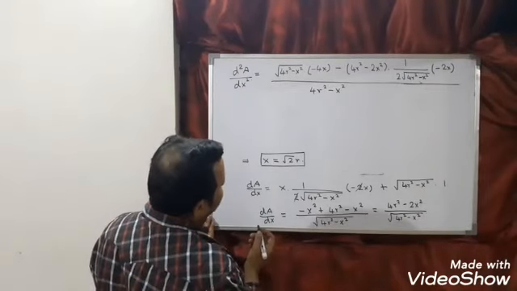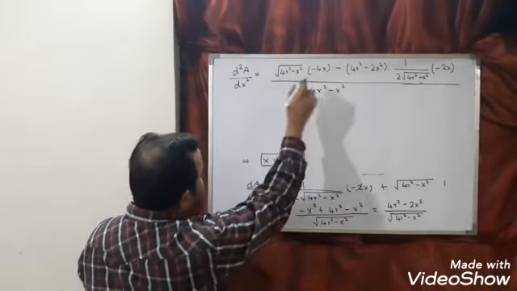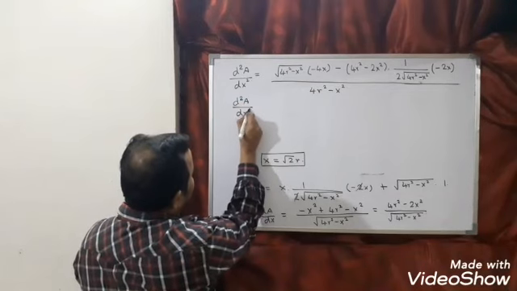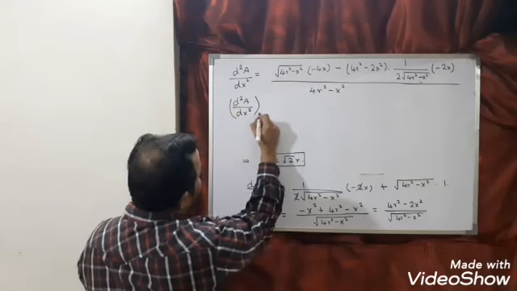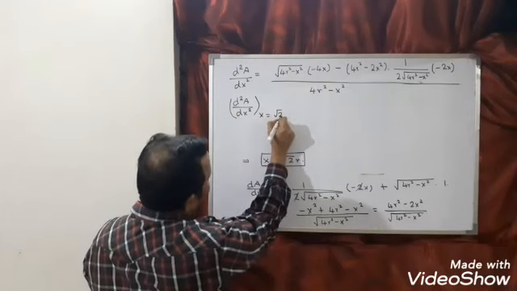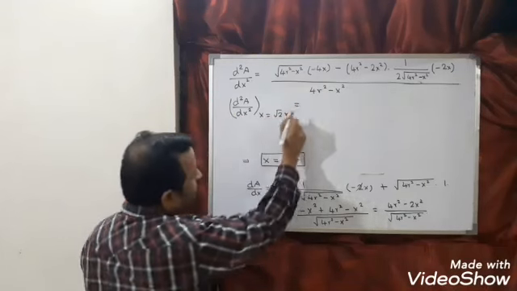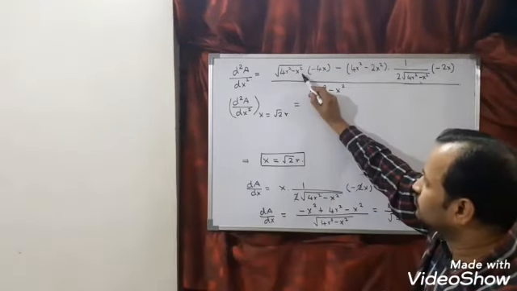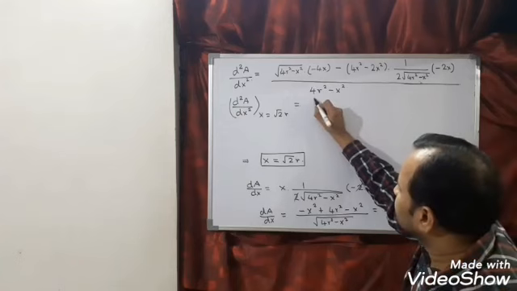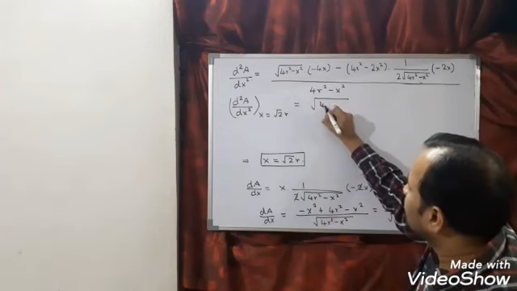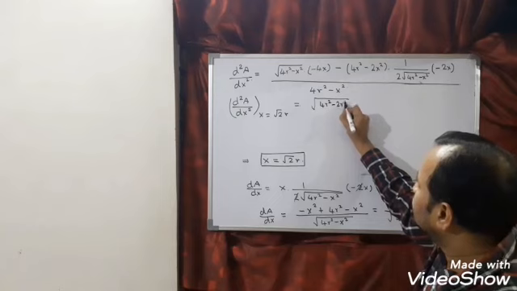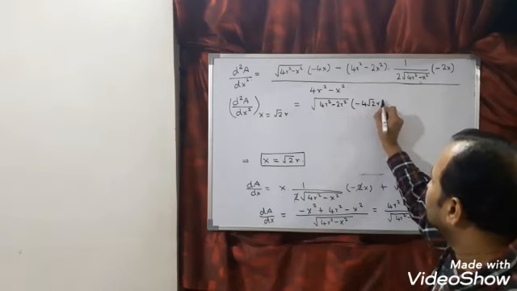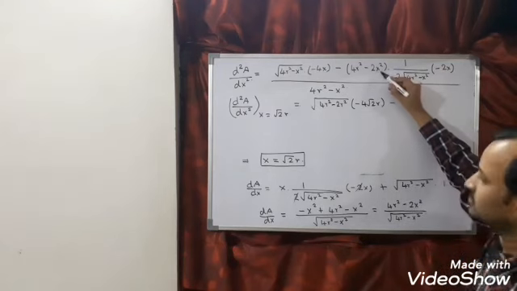Now what I am doing here is, let us put this value in this. So here I can say d square A by dx square at x is equal to root 2r is equal to, put this value in this. So doing directly, x is root 2r square. So what you will get is square root of 4r square minus 2r square into minus 4 into root 2r minus, now what about this?